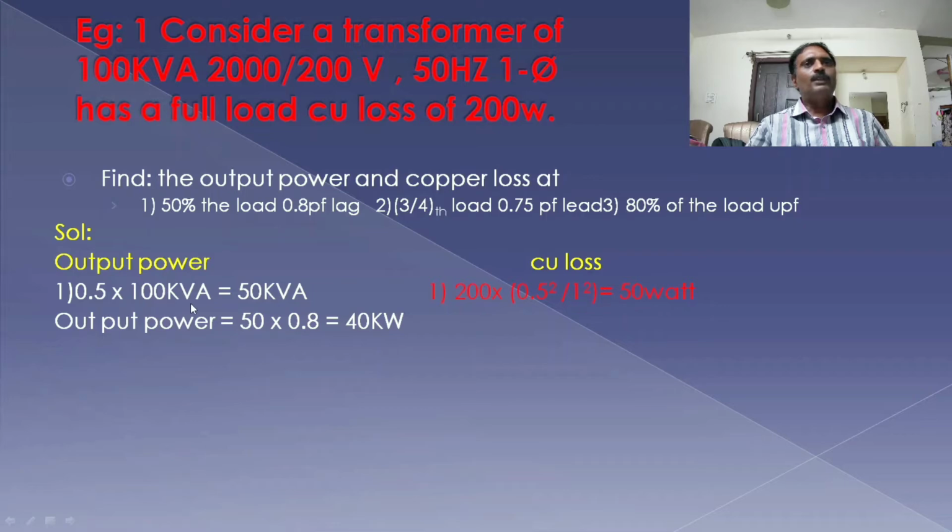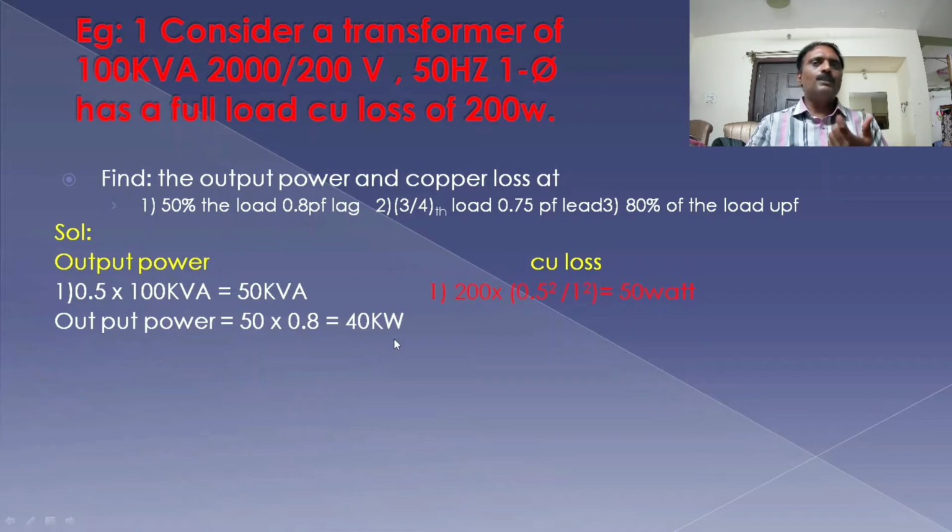So 0.5 into 100 kVA gives us 50 kVA. This is the output kVA, and in order to get the output power in watts, this kVA is to be multiplied with the power factor. Here the power factor is given as 0.8 lagging. Hence the output power is 50 multiplied by 0.8, which is 40 kilowatts.